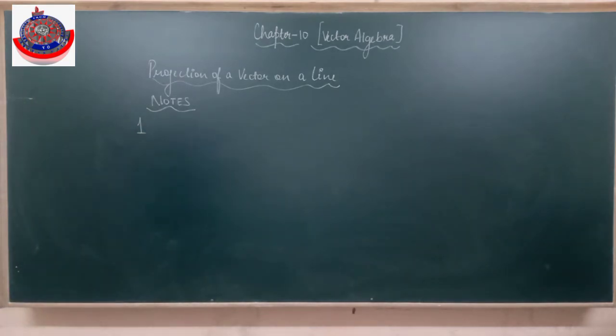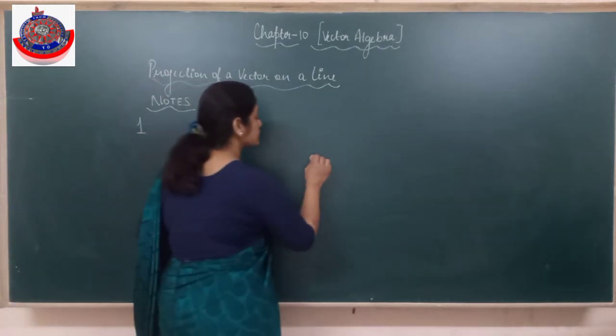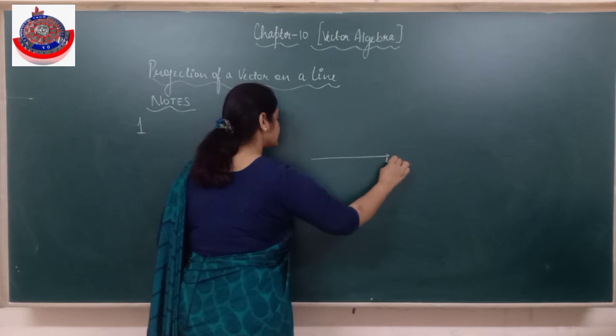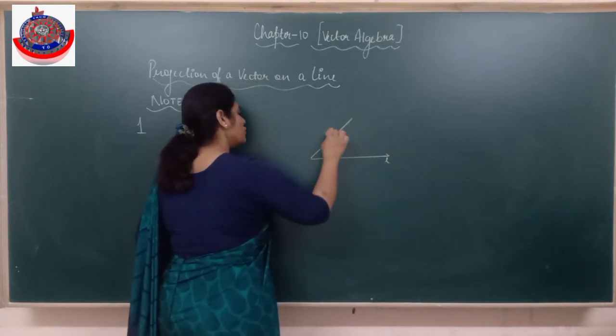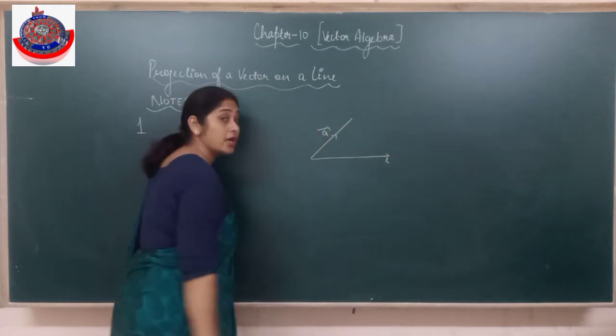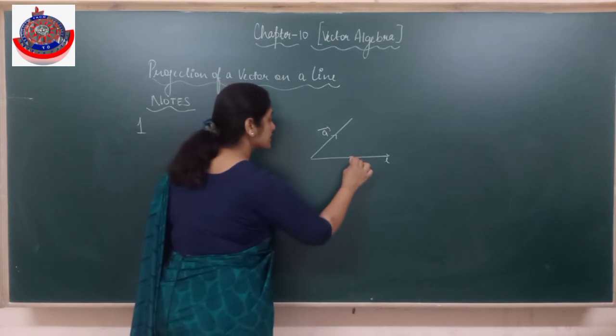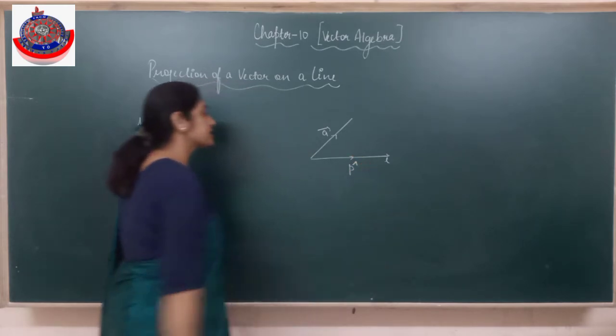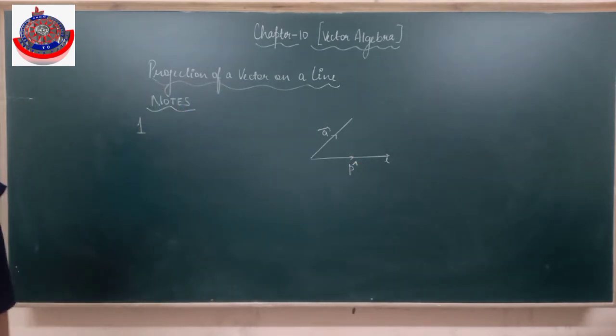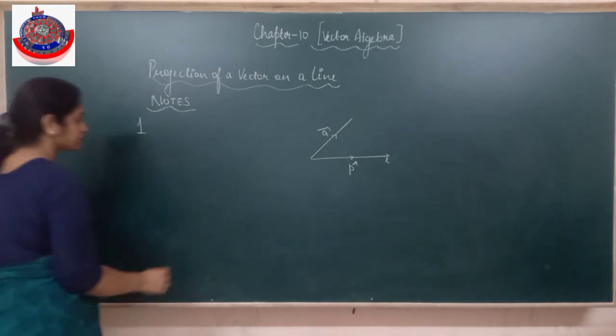Alright, if P cap is a unit vector along the line, then the projection of vector A on the line L is given by... Suppose there is a line L and this is vector A whose projection I need to find out. Along this line there is a unit vector P cap.